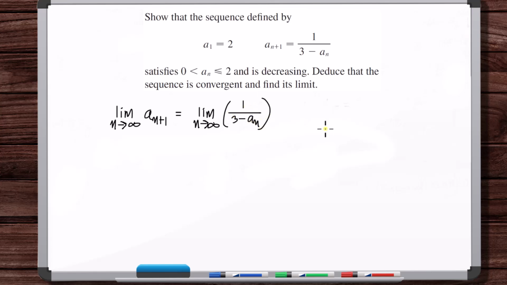Now with the limit laws for sequences, which again is the same as the limit laws for functions, we can write it this way.